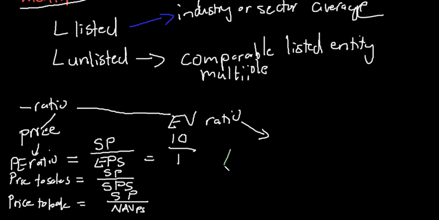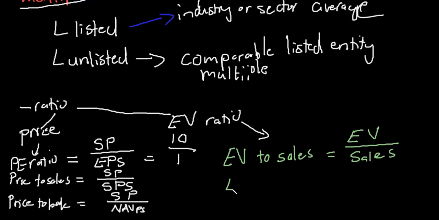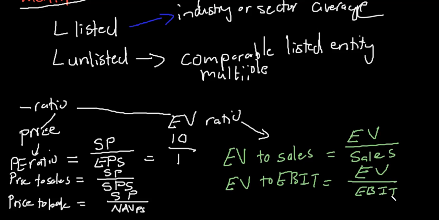So in this case, we could have enterprise value to sales, which would be the enterprise value of a company divided by the total sales. Or we could have enterprise value to EBIT, which is the same as saying the enterprise value of the company over the EBIT of the company. Or we could have again enterprise value to book, which is the same as saying enterprise value over the total net asset value of the company.